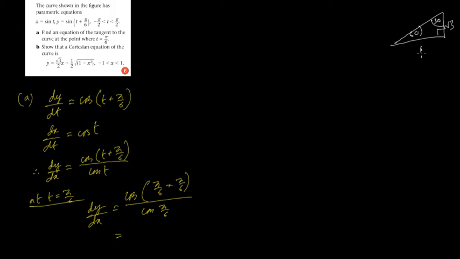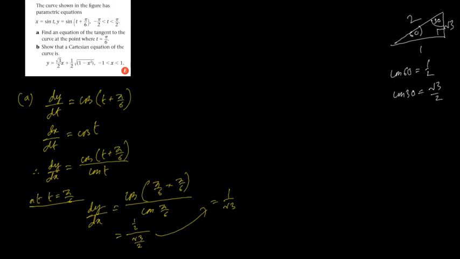This is square root of 3, this is 1, this is 2. So cos 60 degrees or pi by 3 is adjacent by hypotenuse, half, and cos 30 degrees or pi by 6 is adjacent by hypotenuse, square root of 3 by 2. So here cos of 30 plus 30 is cos 60 degrees. We can write half divided by root 3 by 2. So the gradient is 1 by root 3.